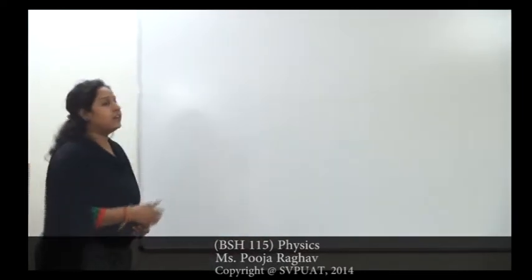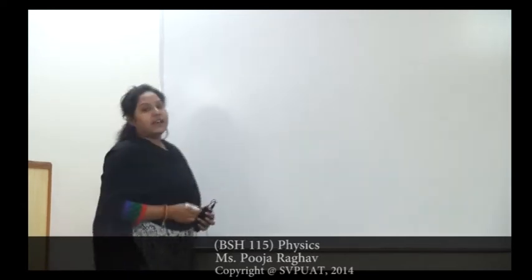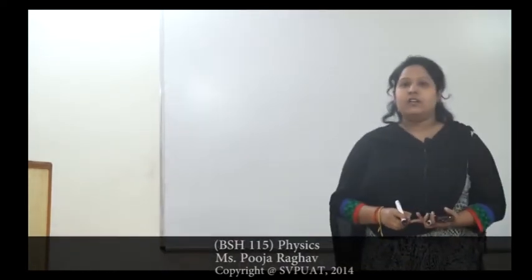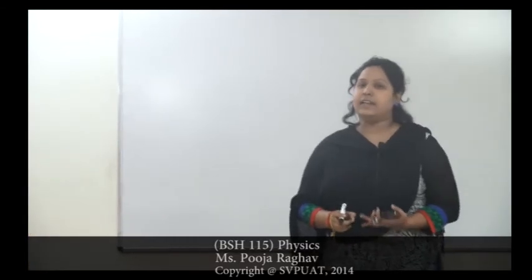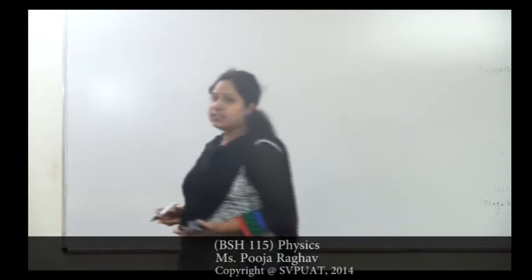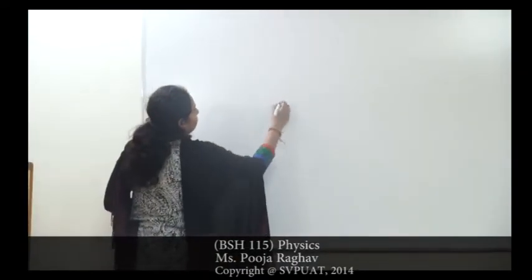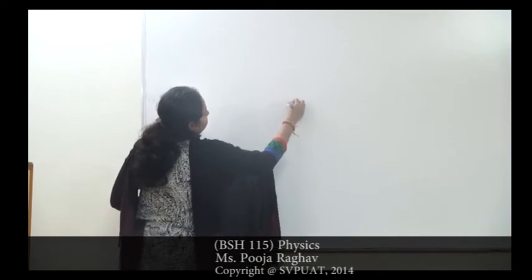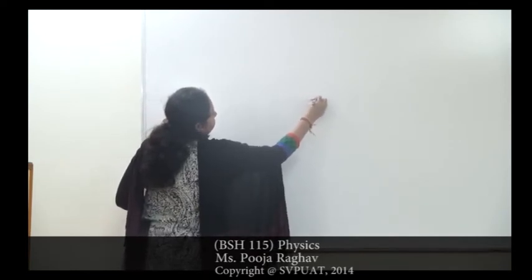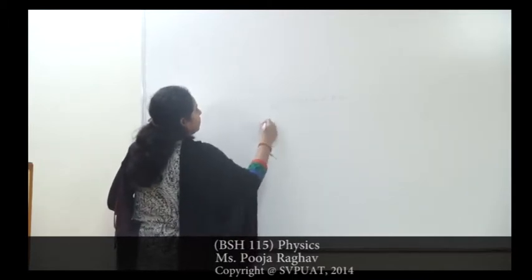What is potential energy? The energy possessed by an object by virtue of its position, that is called potential energy. There are basically two types of this energy. First is gravitational potential energy, and second one is elastic potential energy.